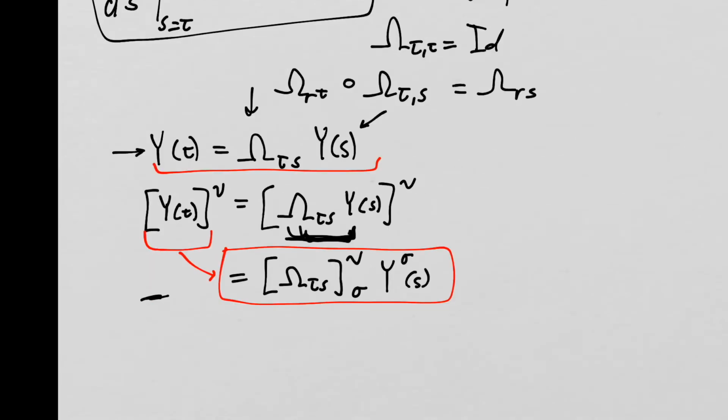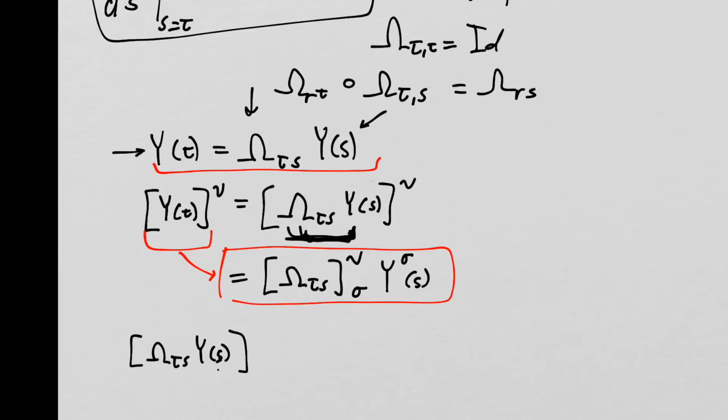Just to be completely clear about it, we can write it down like this: omega ts y of s. Notice this s has to always match that s, because this is taking a vector from s to t, in that direction. So it has to start at s. It has to have an object that starts at s.